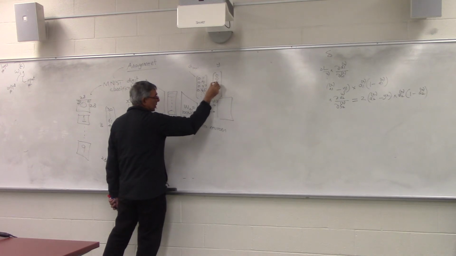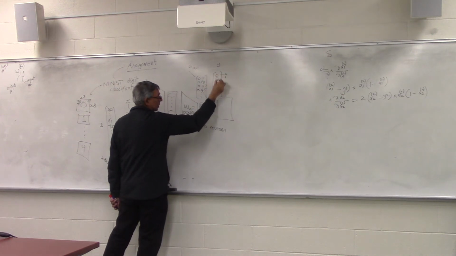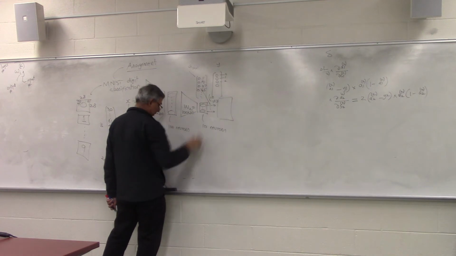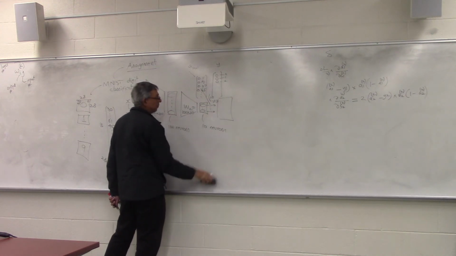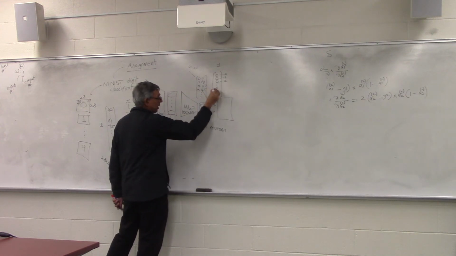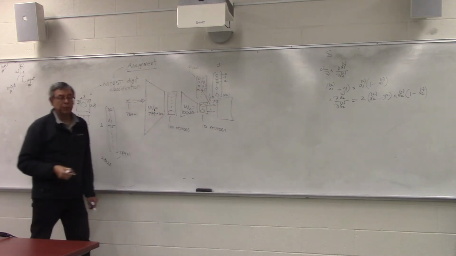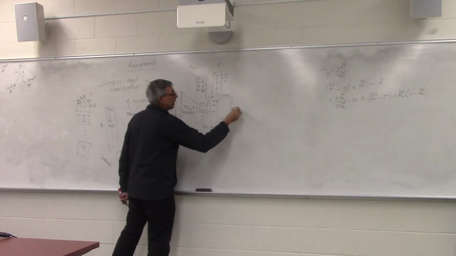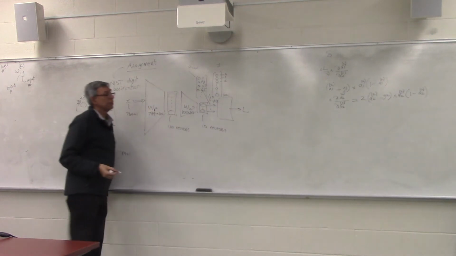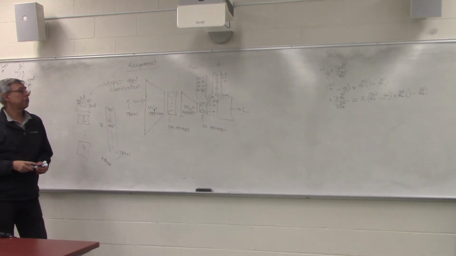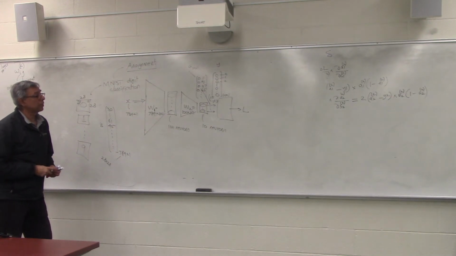This is for 0, this is for 1, this is for 2, then for 3 it should be 1, and the rest will be 0. So this will be our expected output. Then we'll define the loss function. I'll give you the starting code for some of these.